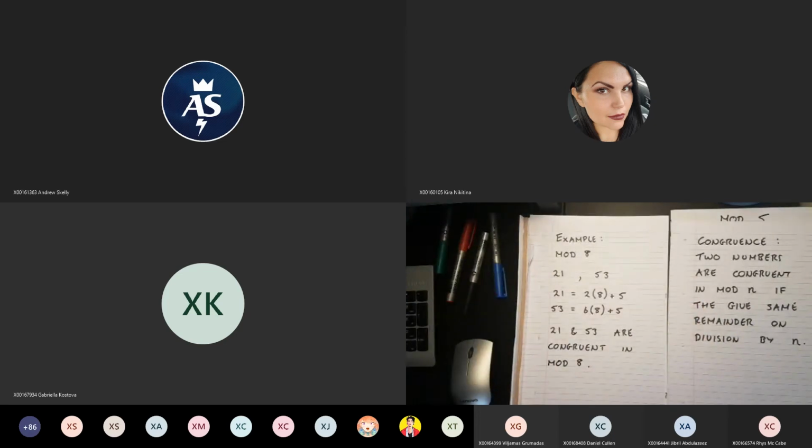You have to say, are the numbers 19 and 496 congruent with respect to 8, with respect to 7, whatever the number might be. Does that make sense? I have to know what I'm dividing by if I'm going to talk about the remainder. Any questions about that? Okay, good. I'm glad everybody's okay with this.